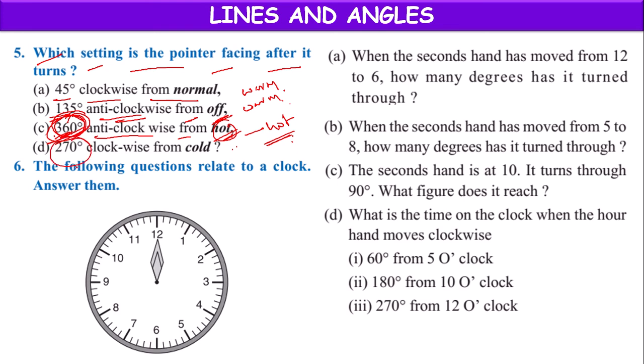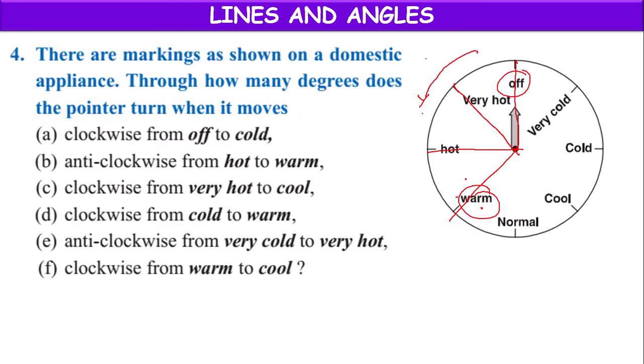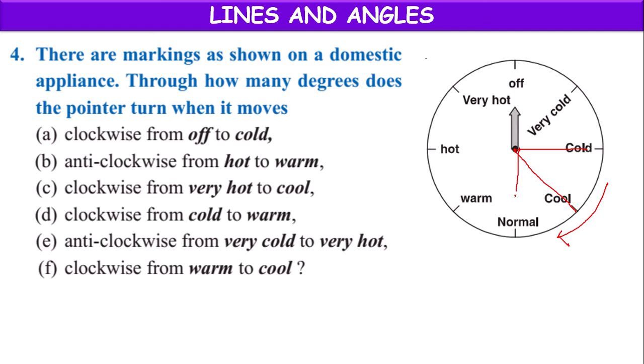Next, 270 degrees clockwise from cold. 270 degrees from cold in clockwise direction means 1, 2, 3, 4, 5, 6 parts. 6 parts times 45 degrees equal to 270 degrees.